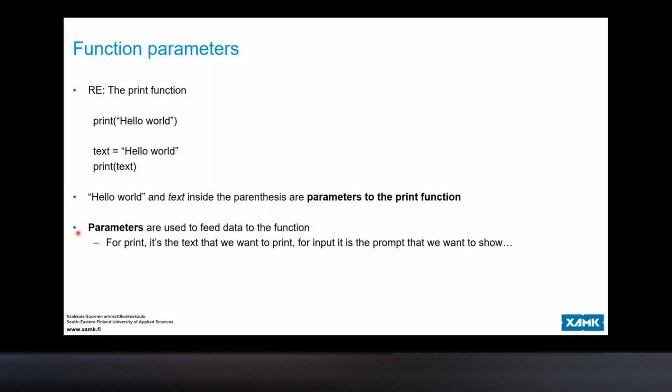So if we want to give our function some data, we put something in these parentheses. For printing stuff, it's whatever the text that we want to print. Input also uses a parameter. For input, it's the prompt that we want to show when we are asking the user a question. And for other functions, this of course varies a little bit.